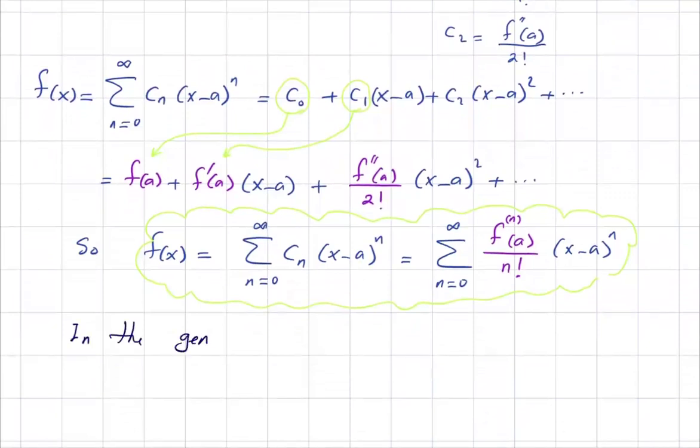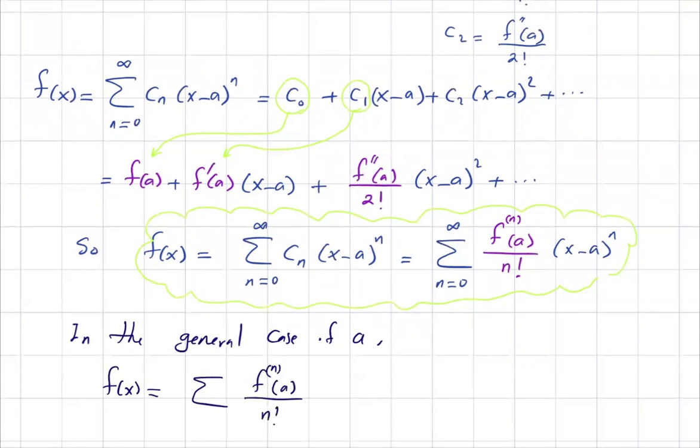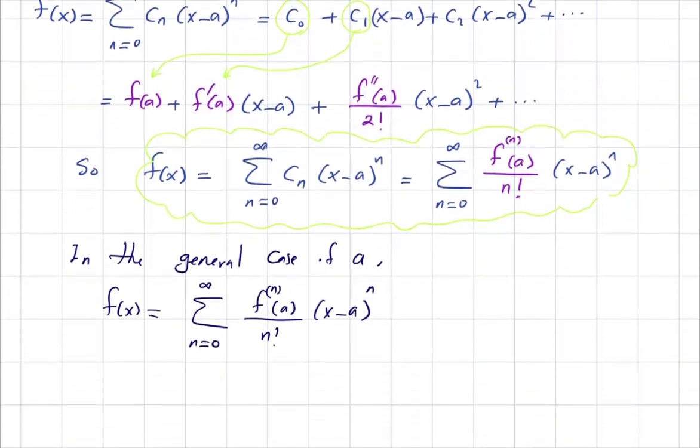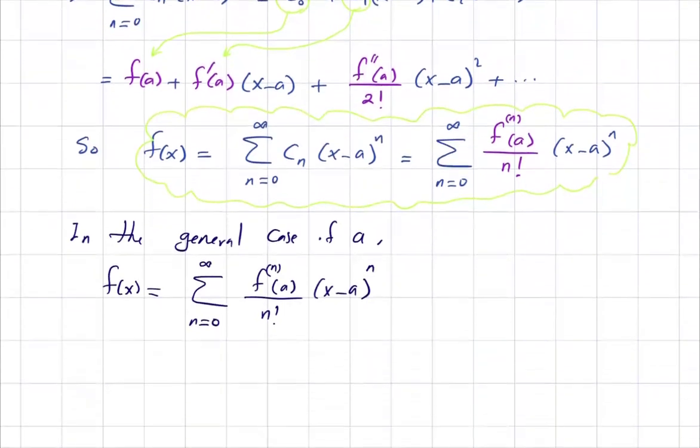In the general case of a, f of x equals the summation of the nth derivative at a divided by n factorial times x minus a to the power n, from 0 to infinity, is called the Taylor series.